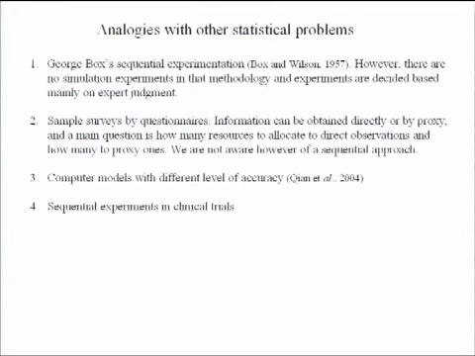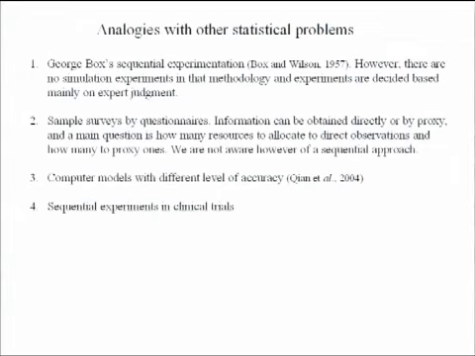Of course there are analogies with other statistical methods. For example, first of all, there is George Box sequential experimentation, but there is no simulation there, and the criterion to go on with the sequential experimentation is only based on expert judgment.